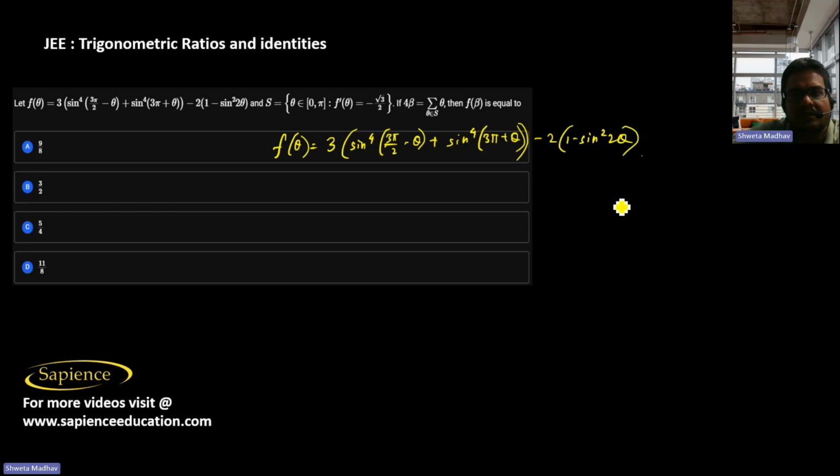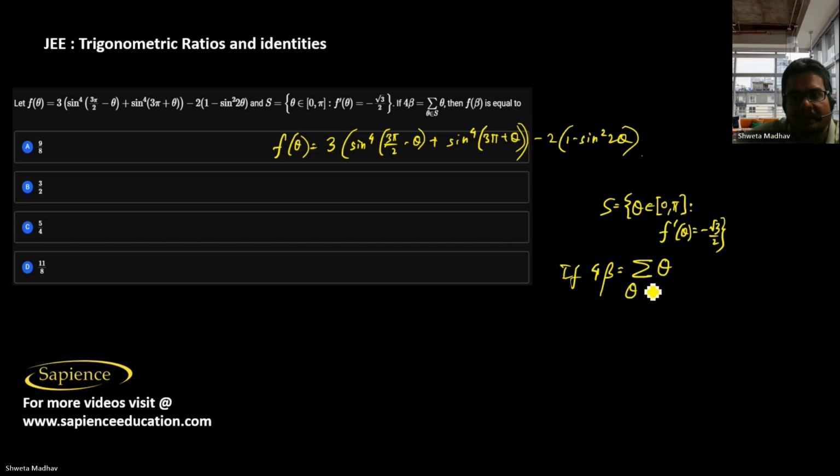And S is the set of all those angles theta which belong to 0 to pi, such that f dash theta is equal to minus root 3 by 2. And if 4 beta is equal to the sum of all those angles theta belonging to the set S, then f of beta will be how much, that we have to find out.